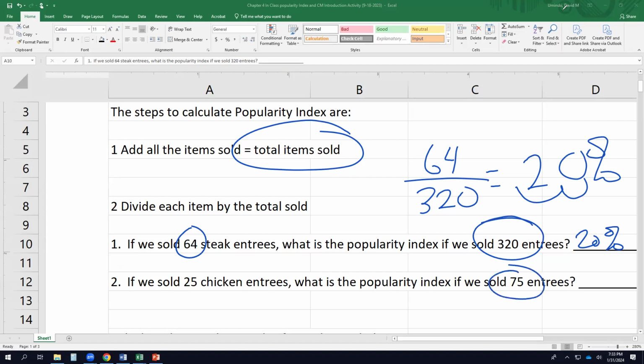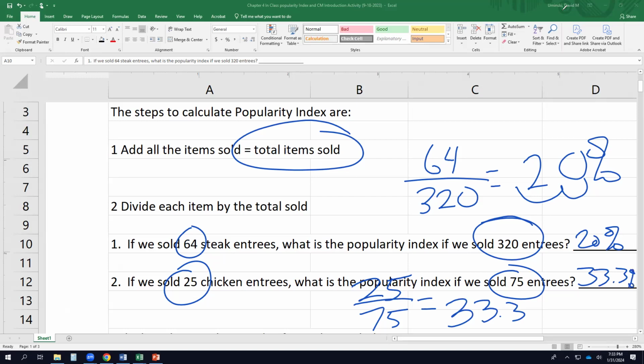The next one, we have 75 entrees total. 25 of them were chicken. What is 25 divided by 75? That's 0.333, because it's 3.33 repeating.